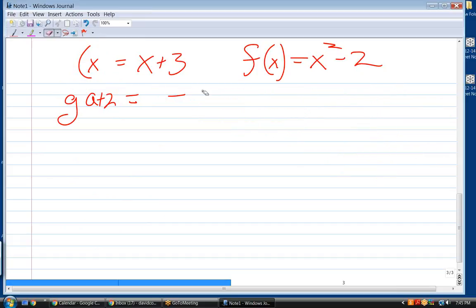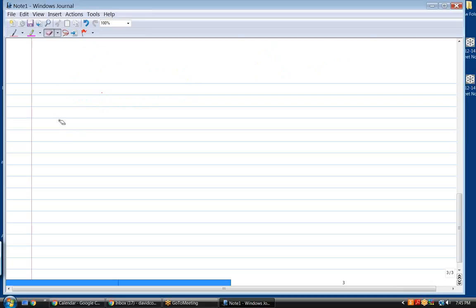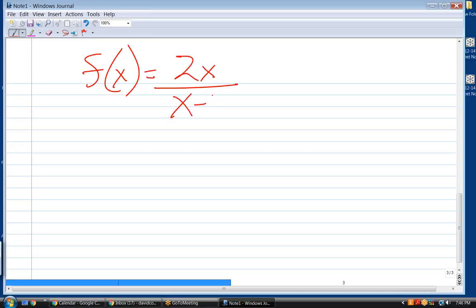Now finding horizontal asymptotes. So, f of x is equal to 2x over x minus 3. You have 3 types of rational quotients.